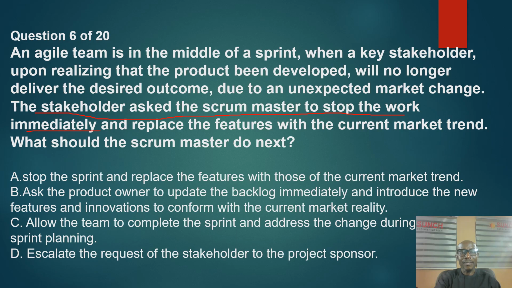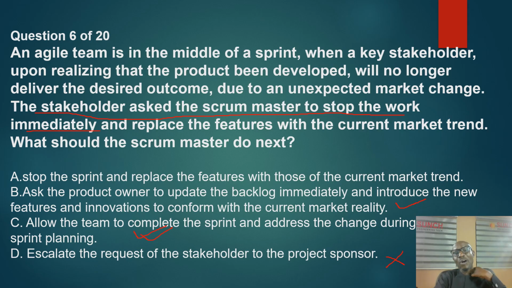B. Ask the product owner to update the backlog immediately and introduce the new features and innovations to conform with the current market trend. C. Allow the team to complete the sprint and address the change during the next sprint planning. D. Escalate the request to the stakeholder, to the project sponsor. This is out of it.